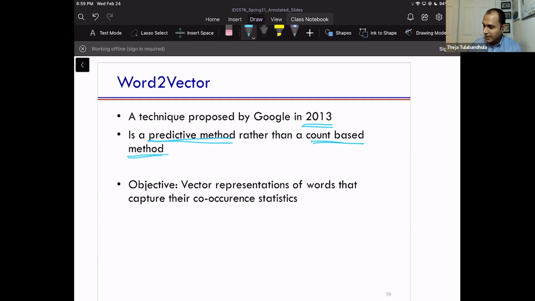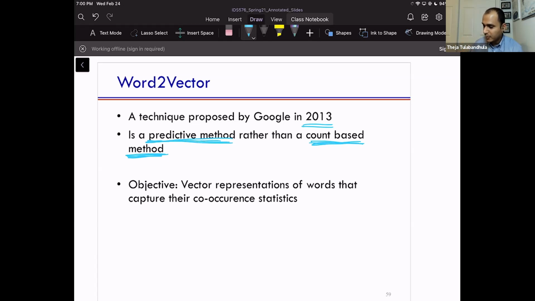We will not discuss count-based methods here, but that's what I mean by them. If you can compute co-occurrence statistics of words, you can, for example, just do SVD to get some sort of embeddings.